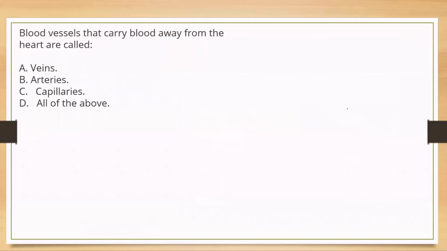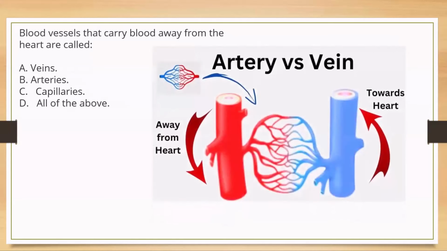Now, blood vessels that carry blood away from the heart are called what? Of course, in school, we know that arteries carry blood away from the heart, and veins carry blood to the heart.